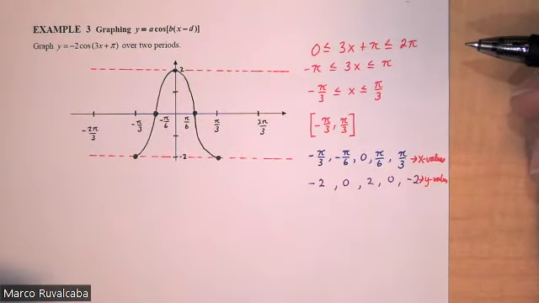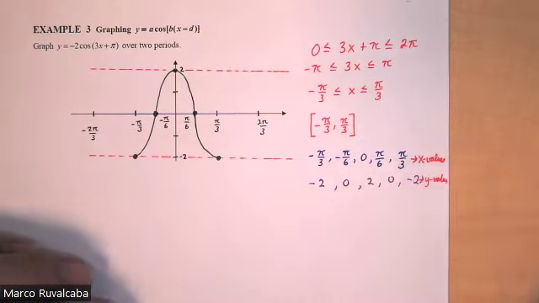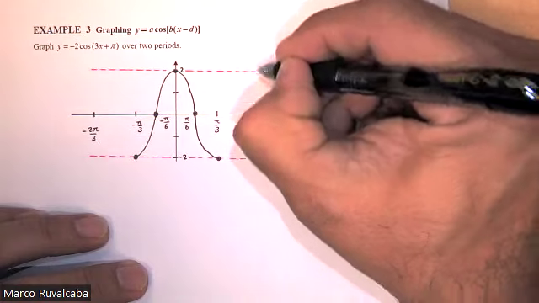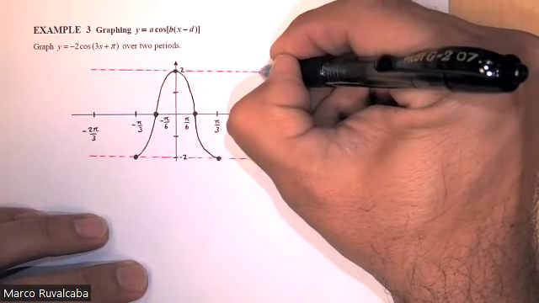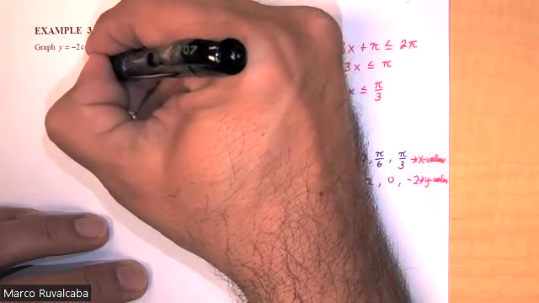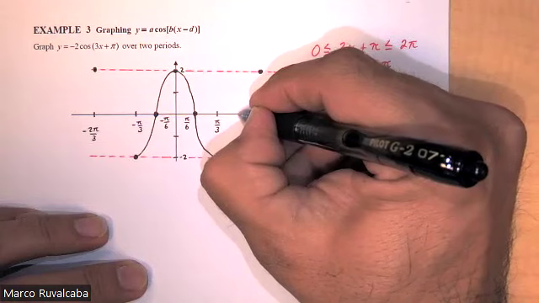Okay. And if you wanted to extend this to another period, you would have another value over here at 2, and then another one over here at 2, and then you would have one right here.